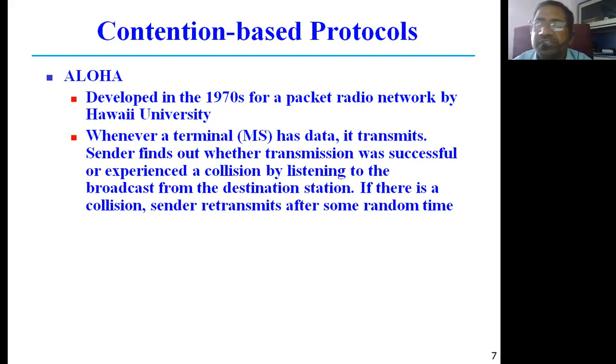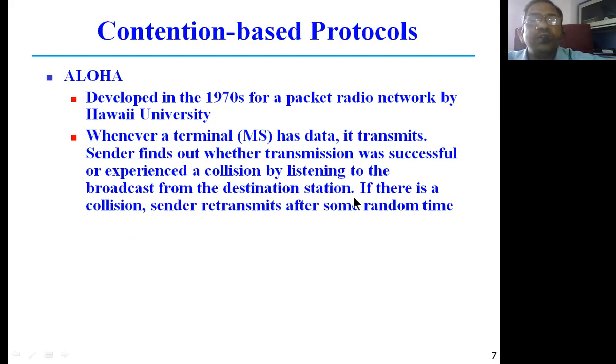He just simply transmits. It is something like, whenever I have a bike or a car, I start taking it onto the road without looking at the traffic conditions. So it simply transmits the data. The sender finds out whether transmission was successful or experienced a collision by listening to the broadcast from the destination station.